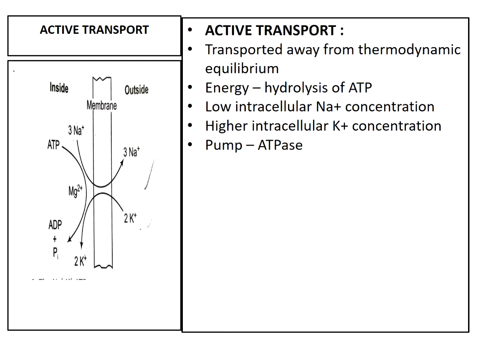In general, the cells maintain a low intracellular sodium ion concentration and a high intracellular potassium ion concentration along with a net negative electrical potential inside.